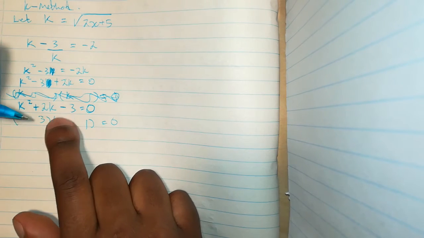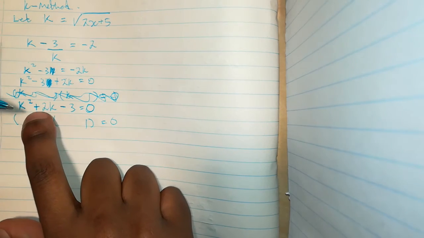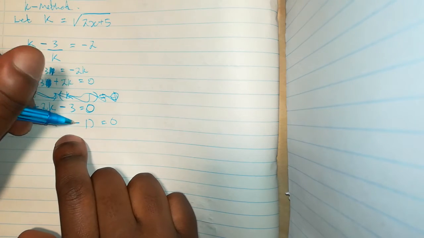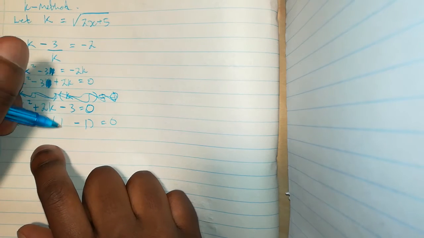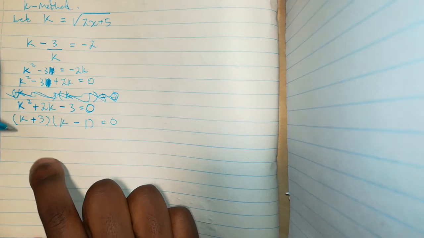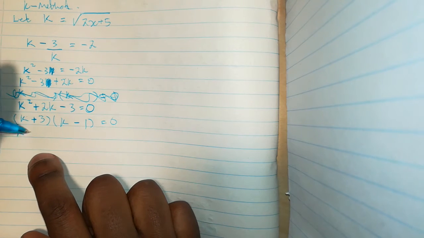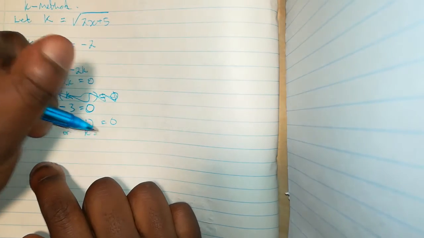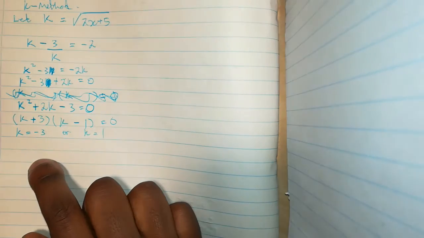The bigger term is supposed to get positive, and the small term gets negative, it's a k here and k there. So we can see clearly that k is equal to negative 3, or k is equal to 1.